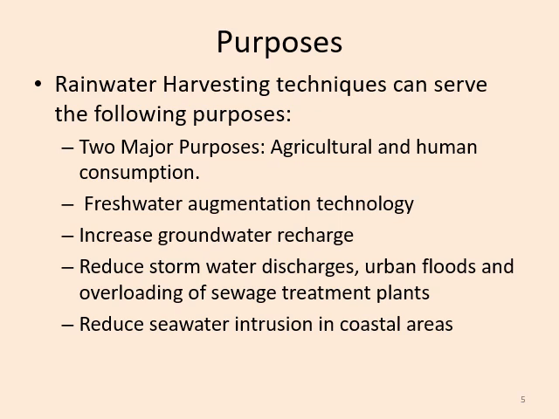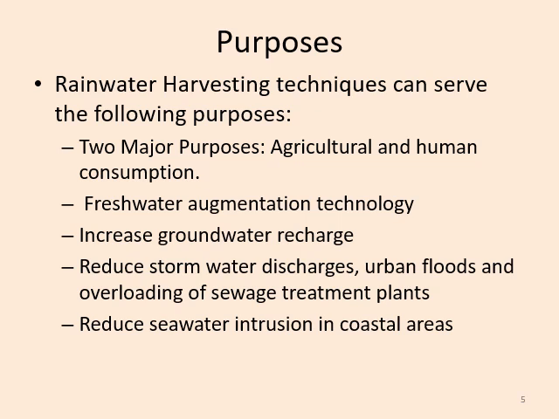It reduces stormwater discharges. If we collect the rainwater or stormwater, the quantity of stormwater as wastewater will reduce, and urban floods will also reduce, as well as overloading of sewage treatment plants. In the sewage treatment plant, the wastewater which we have to treat, purify and then dispose of will be less, so overloading will not happen.